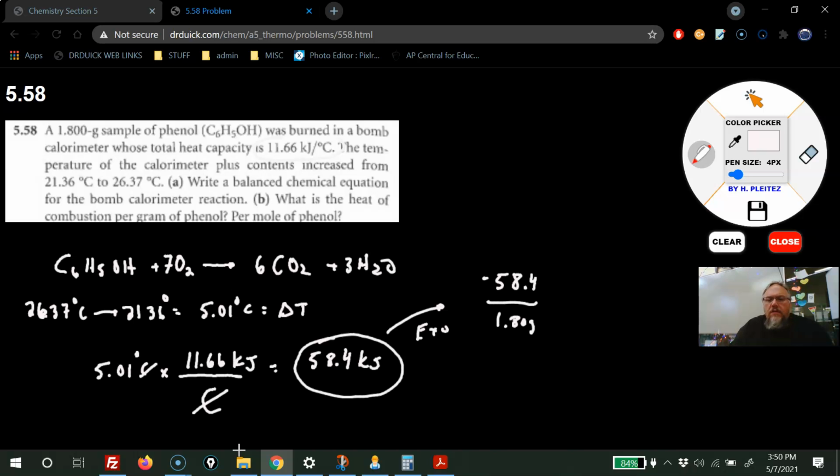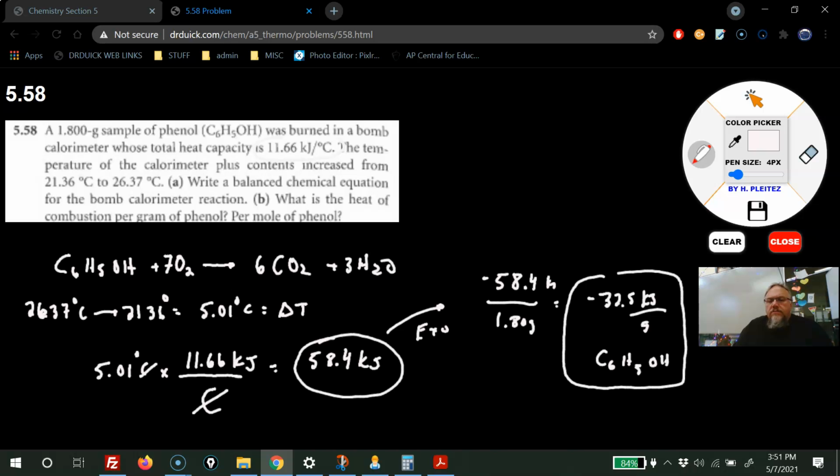That tells me kilojoules per gram, and remember, this is kilojoules. So it's minus 32.5 kilojoules per gram of phenol, which is C6H5OH.